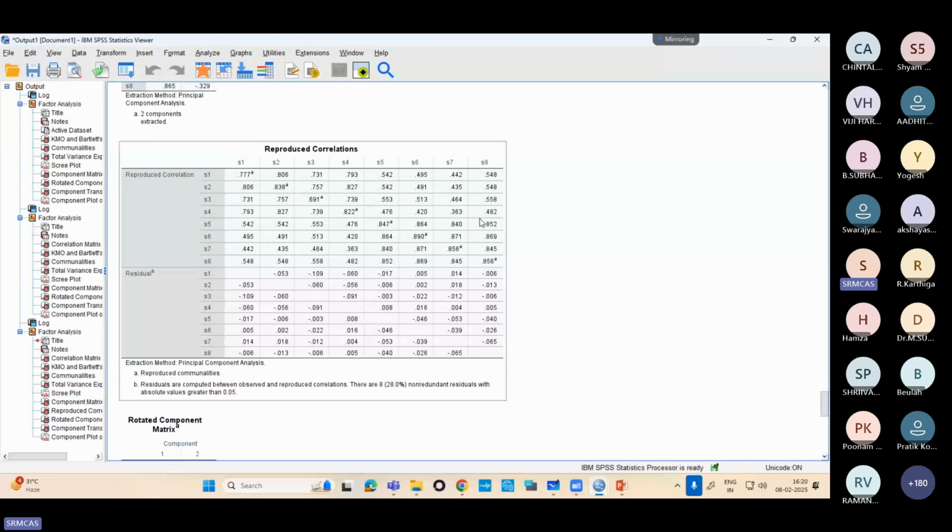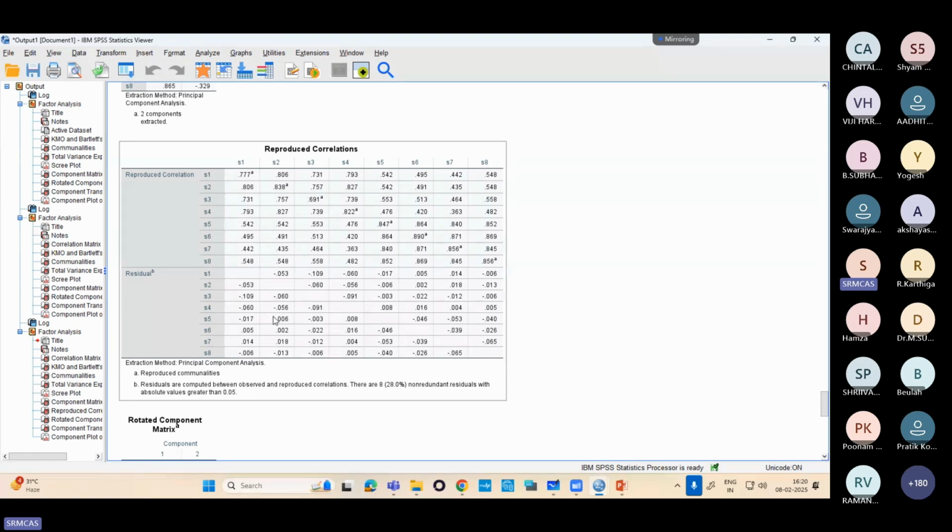These are the reproduced correlation matrix. This represents the difference between the reproduced correlation matrix and the original correlation matrix. So the difference between these correlation matrices should be less than 0.05.